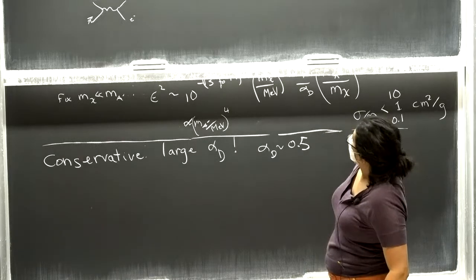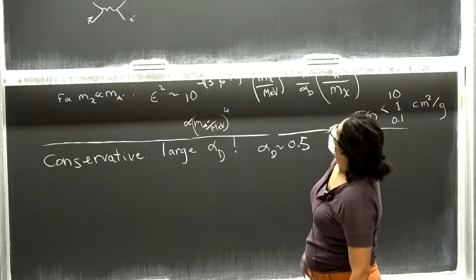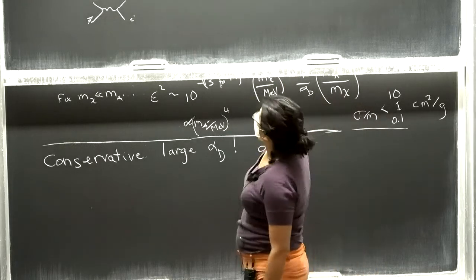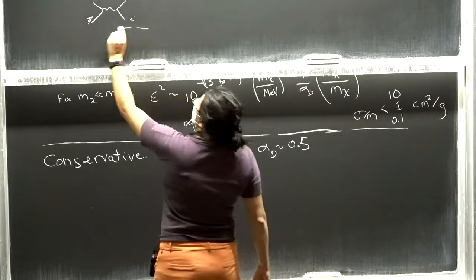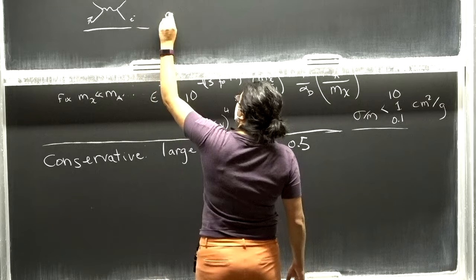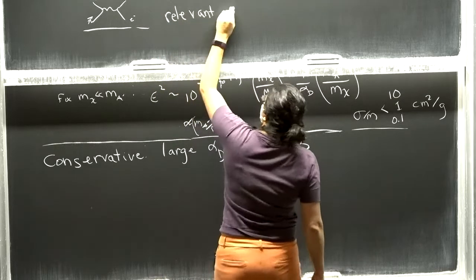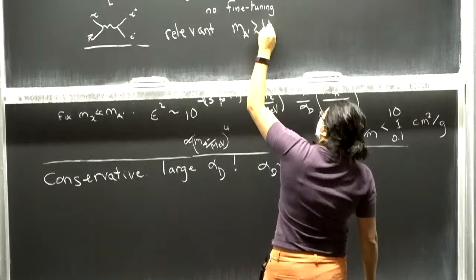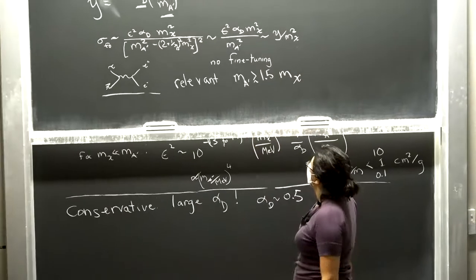Okay, so that's alpha dark. Now we want to do the same thing for the mass ratio. Again, we can vary this to pretty much anything we want, except, on one hand, this process for thermal freeze-out is only relevant for A prime masses larger than about 1.5 times the chi mass.